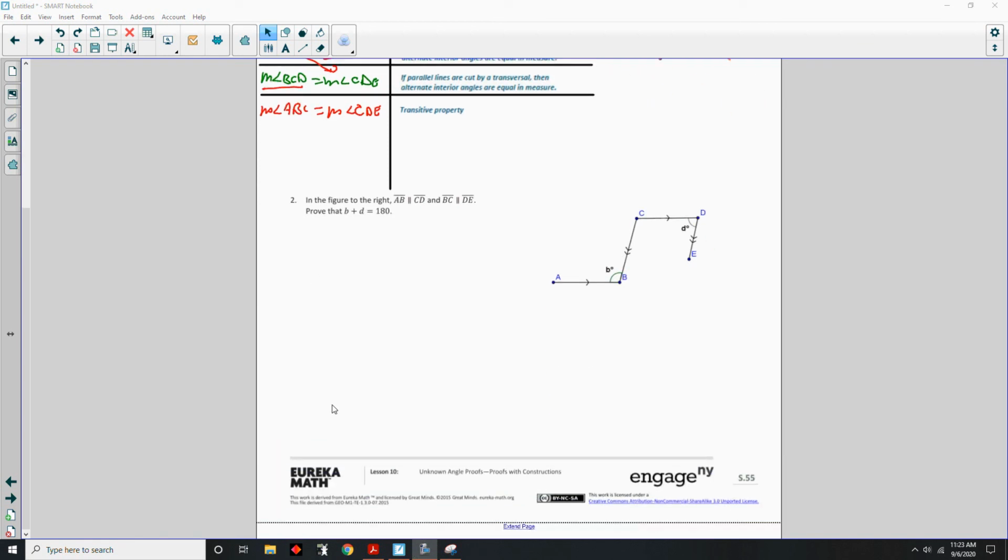Okay, number 2. In the figure to the right, segment AB is parallel to CD, marked with red. And segment BC is parallel to DE. Okay, so the blues are parallel. Prove that B plus D is 180. So here's angle B, here's angle D. We have to prove they add up to 180 degrees.